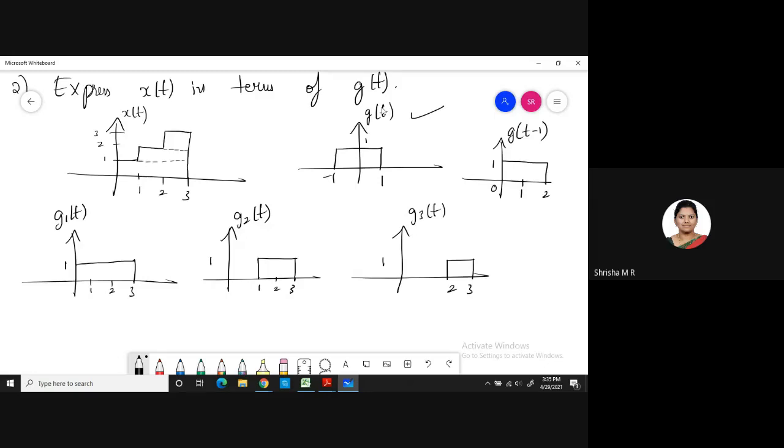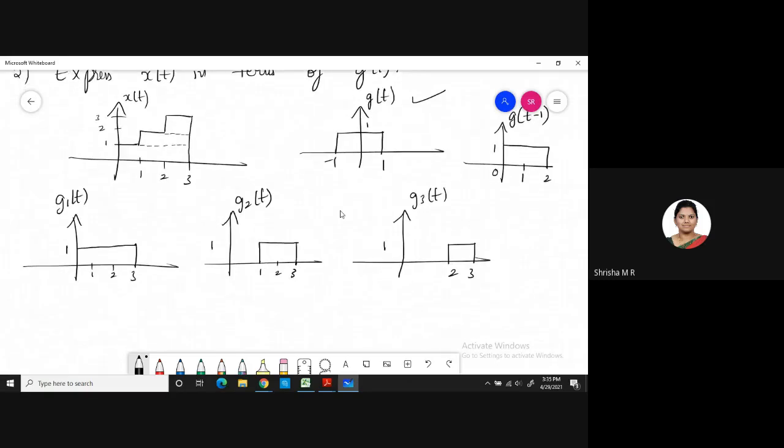Okay, now what will you do? Now we have to try to get g of t -1 in terms of g1 of t, g2 of t, and g3 of t. So what is the first step? To get g1 of t in terms of g of t -1, what do we do? Whatever we did previously, same thing we will do.